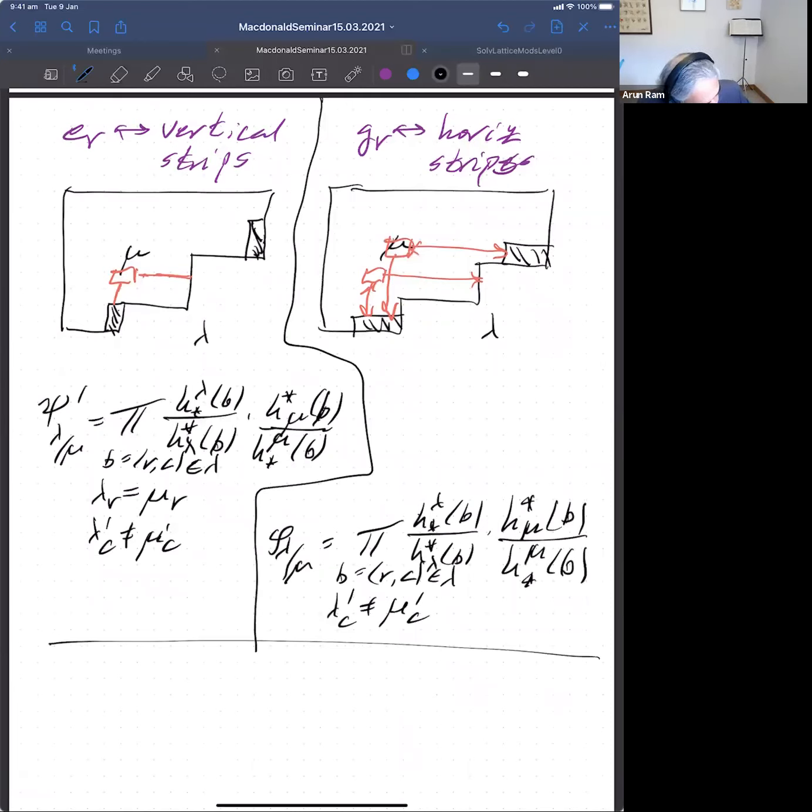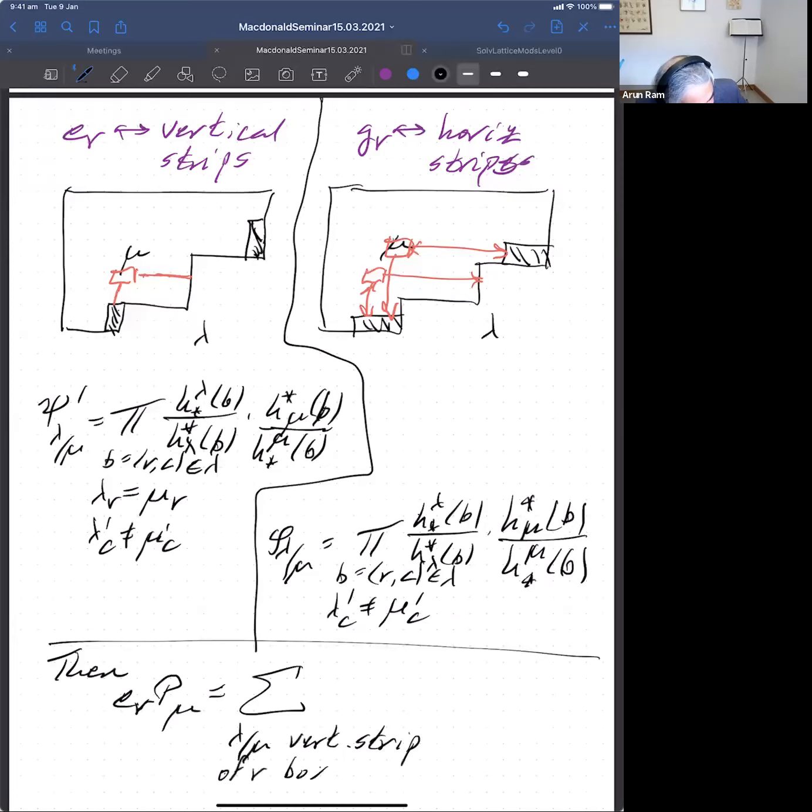And now we have these beautiful rules proved by Macdonald, which say that if I take an elementary symmetric function times a Macdonald polynomial, then I get a sum over all possible vertical strips of R boxes, so I want the number of boxes in the strip to be R, times this constant that we just defined, psi_lambda', times P_lambda.